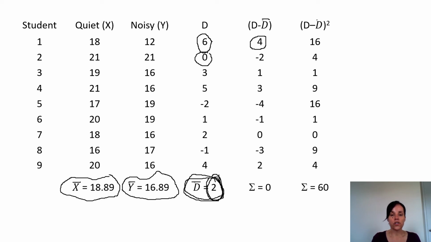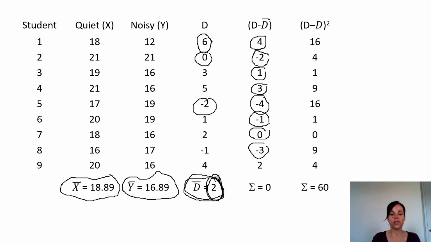So I'm taking each student's difference score, their D score, and subtracting their mean difference of 2. So 6 minus 2 is 4. 0 minus 2 is -2. 3 minus 2 is 1. 5 minus 2 is 3. -2 minus 2 is -4. 1 minus 2 is -1. 2 minus 2 is 0, of course. -1 minus 2 is -3.